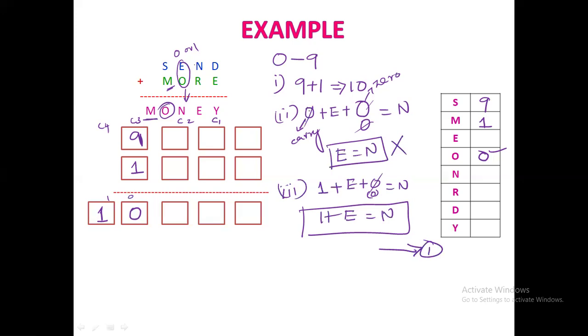Next, after getting this step, we should move on to the step N plus R. If you are adding N plus R, what do you have to get? Here the carry C1 may be either 0 or 1.